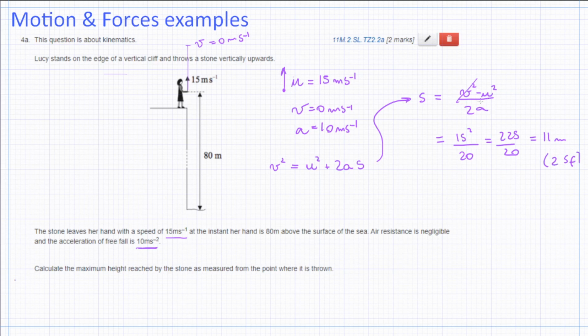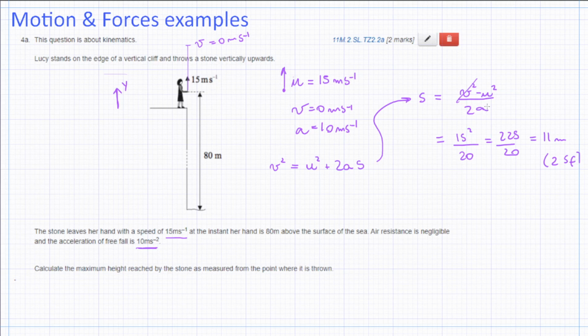Now notice here that I've just dropped the sign. Why? Well, I had a negative sign in my acceleration. If I consider my reference to be positive upwards, then my displacement would be positive, but my acceleration would be negative.